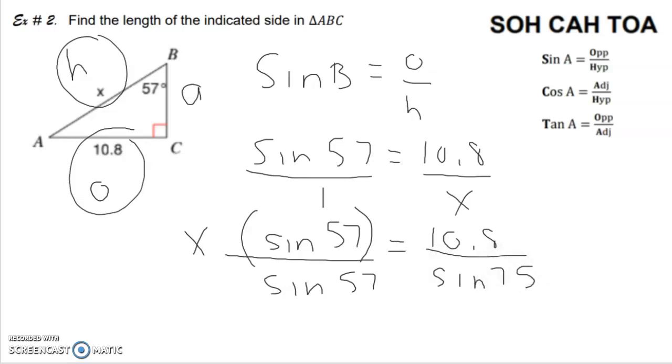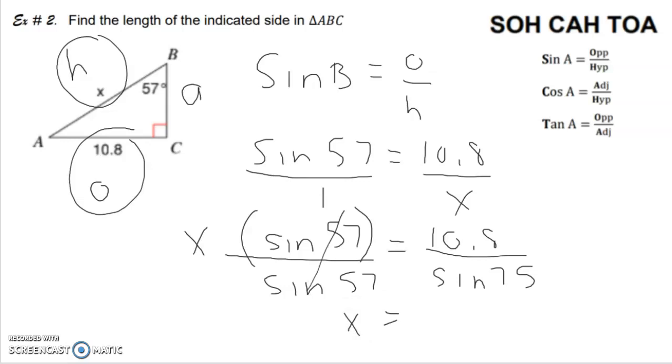So now we have sine 57 divided by sine 57. That goes into each other, so we're left with just a 1. So 1 times X is just X, because they go into each other.